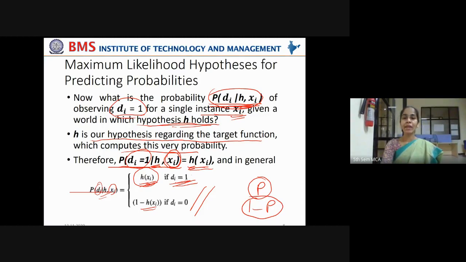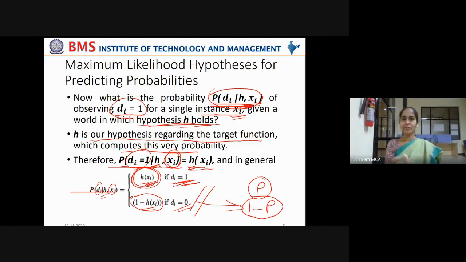In the same way, when the patient is surviving, meaning the outcome is 1, then it is according to the hypothesis, h of xi. The training example is according to the hypothesis. So it is h of xi. If the patient is not surviving, then it is not according to the hypothesis. That is 1 minus h of xi. That is according to this explanation. Did you understand now clearly?